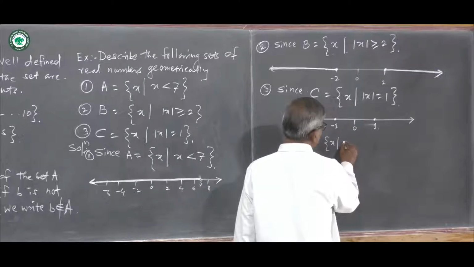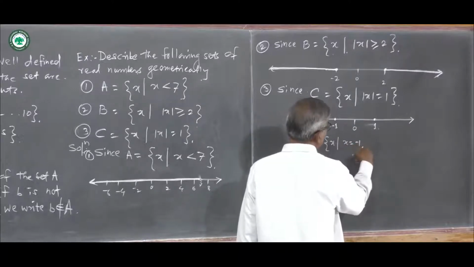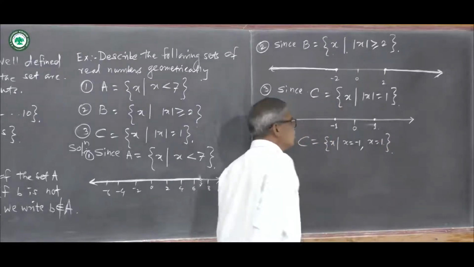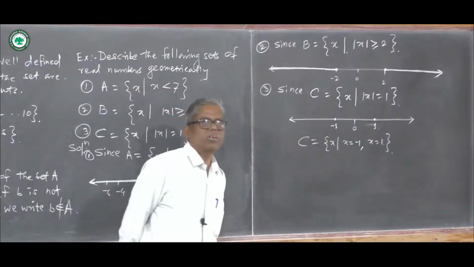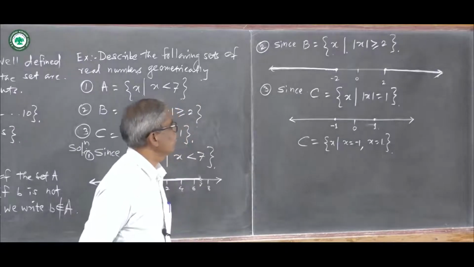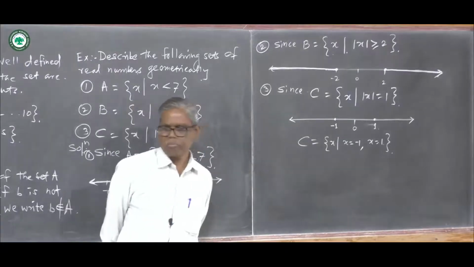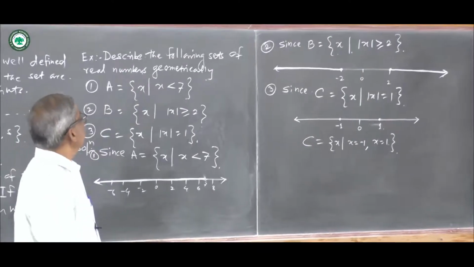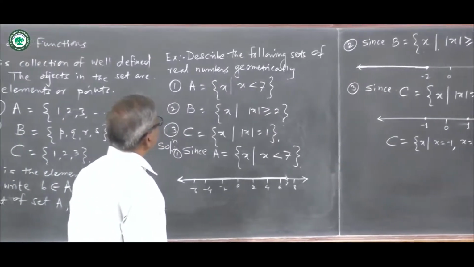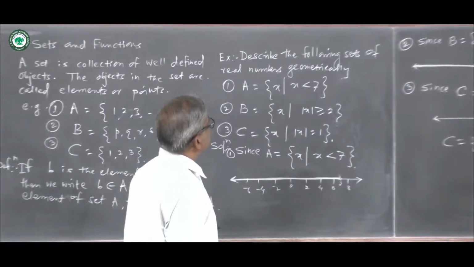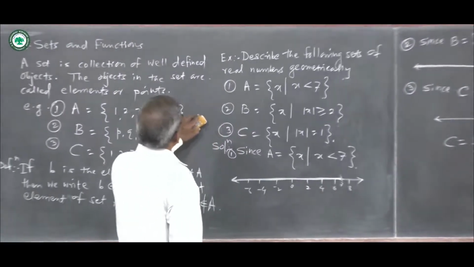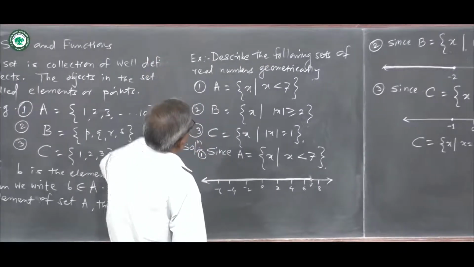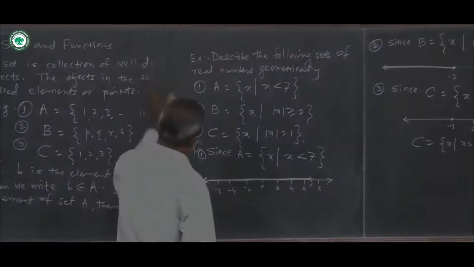This means x is equal to minus 1 and x is equal to plus 1, that is, whose modulus is equal to plus 1. These sets, capital A, capital B, capital C, are denoted geometrically.